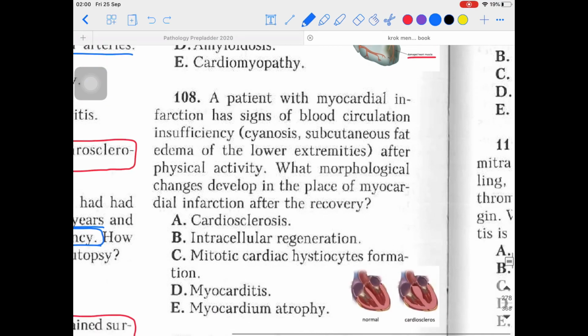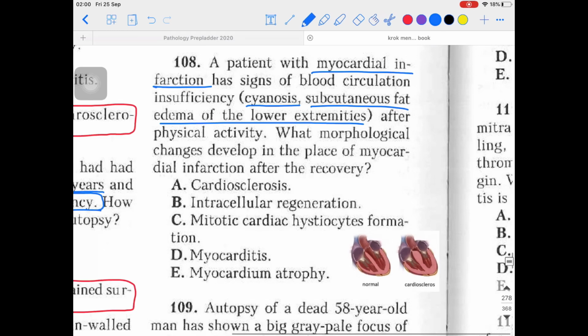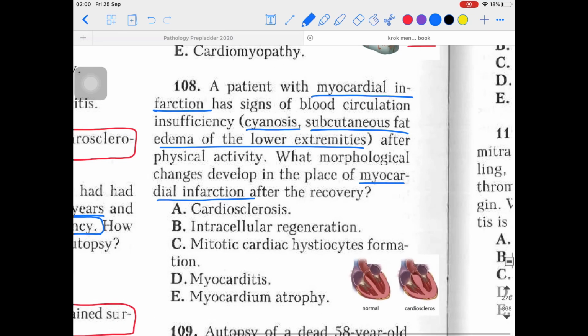108. A patient with myocardial infarction has signs of blood circulation insufficiency, cyanosis, and subcutaneous fat edema of the lower extremities after physical activity. What morphological changes develop in the place of MI after the recovery? So in this particular case, this is the classical case of cardiosclerosis. Look guys, the main catch is the myocardial infarction.